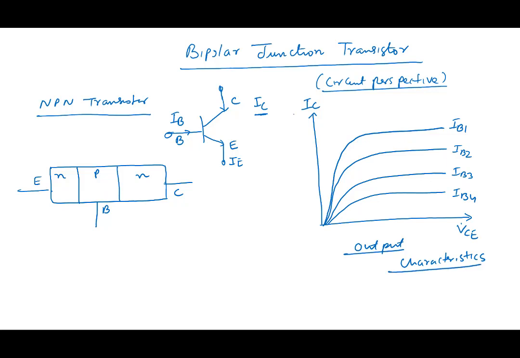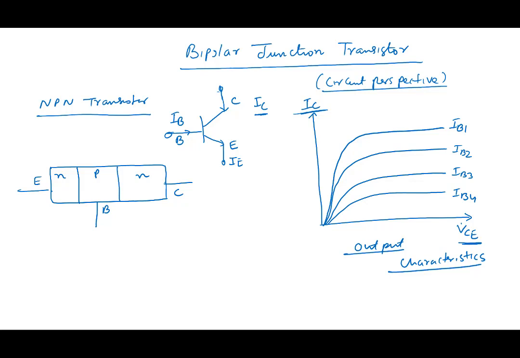Why? Because it refers to the collector current and the output voltage, collector emitter. Let's say emitter is the common terminal, and therefore this refers to the collector current versus the collector voltage here. That's why we call it the output characteristics of the transistor.